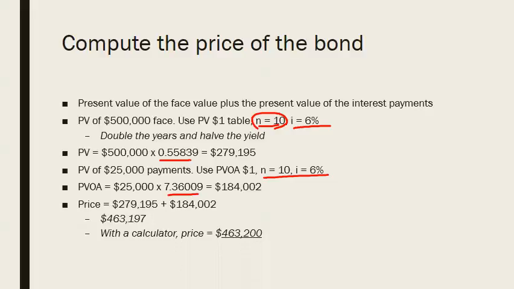Now to get the price, we just add those two amounts together: the 279,195 and the 184,002, and you get your total price. With the calculator, it's a little bit different, but I wanted to show you how close the two are. Since the calculator is a little more accurate, I'm going to use that in my amortization tables.